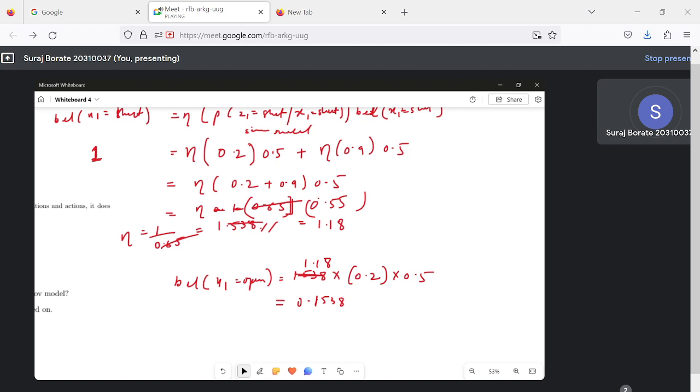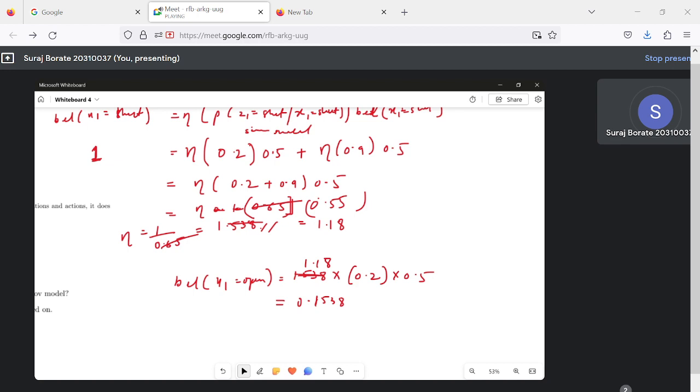Now what we did, we substituted the predictions and the transition probability. So the prediction and the sensor model. The sensor model was given as P of Z1 equal to shut given X1 equal to open. So this was given as 0.2, right? And P of Z1 equal to shut given X1 equal to shut was given as 0.9.